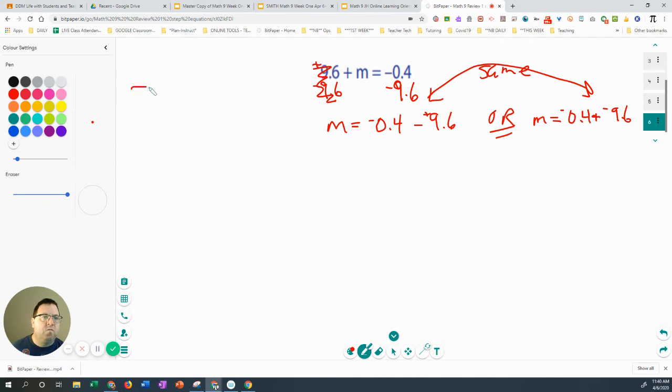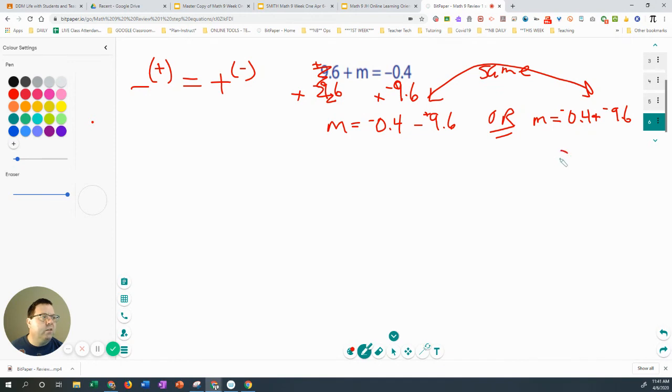So we know from our integer rules that subtracting a positive is the same as adding a negative. Those are the exact same things. So whether you choose to interpret it as subtracting a positive 9.6 or adding a negative 9.6, and that's the way I wrote it, essentially what I'm doing here is choosing to add a negative 9.6 to both sides.